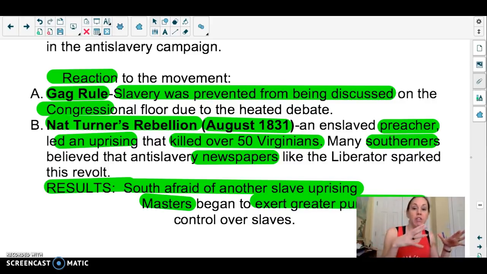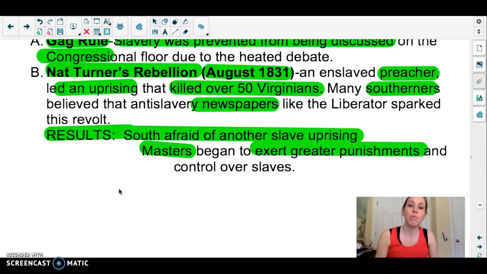Because you got the South more entrenched in slavery, the North is now freeing their slaves and getting away from slavery, and you have kind of the two clashing in Congress, and Southern representatives against Northern representatives, and so the gag rule is really gagged and could not talk about it, right? So nobody's talking about slavery, which won't last very long.